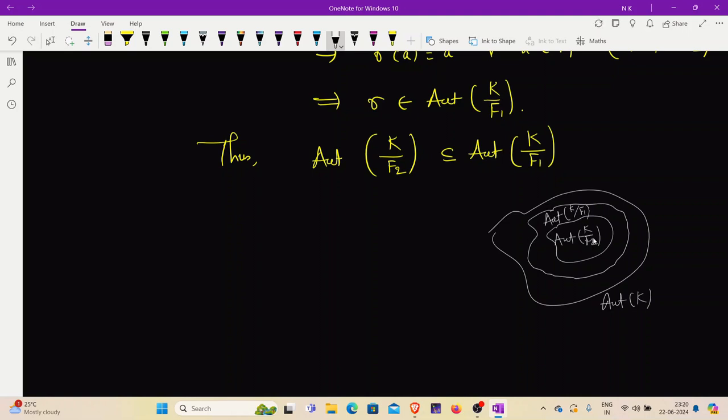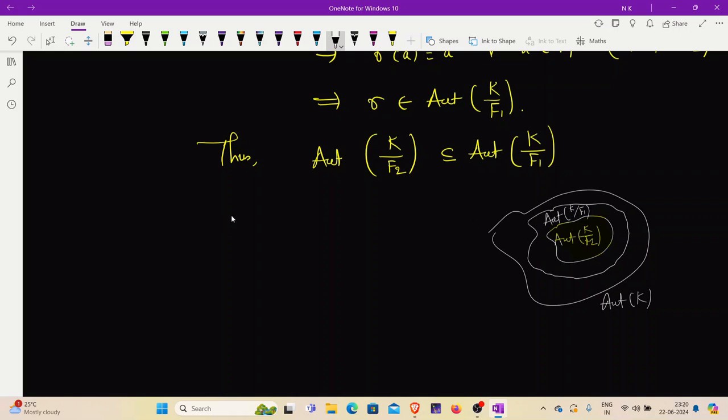But automorphisms of K over F2 is a subset of Aut of K, it's already a subgroup of Aut of K, right? And it is contained in Aut of K over F1, so clearly it is a subgroup of Aut of K over F1. Because it is contained in this and it is a subgroup of Aut of K, it is a subgroup of Aut of K over F1 also.